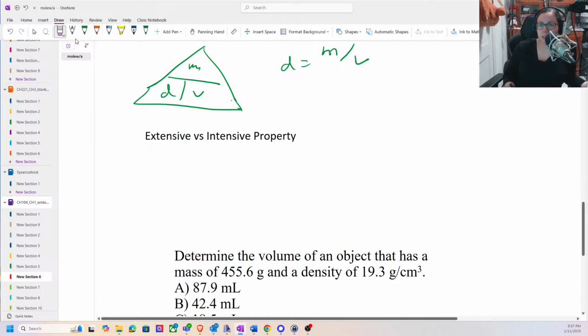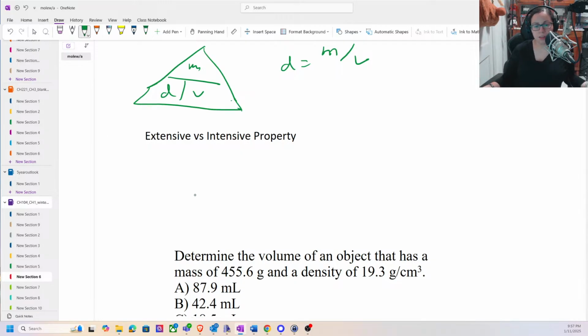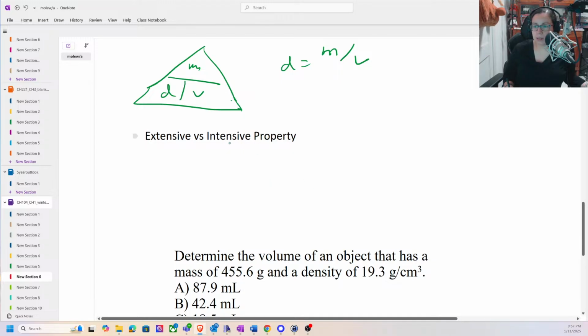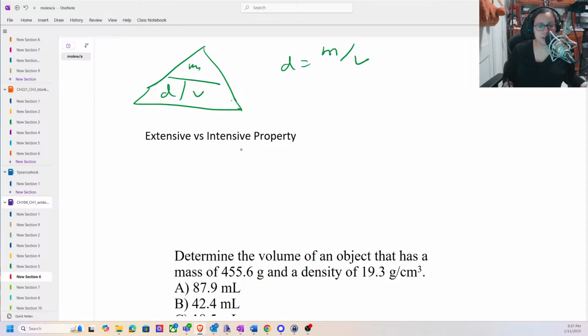And so now let's look at this quick definition. The reason why we want to talk about density is because it is an intensive property, meaning it does not depend on the amount.